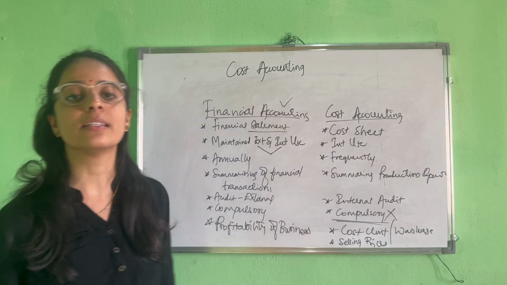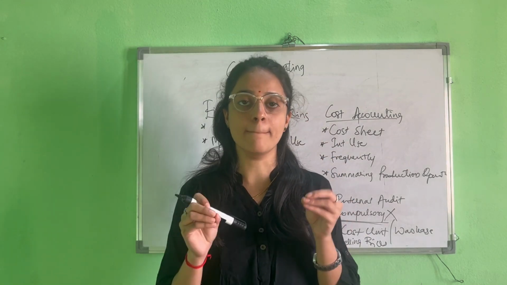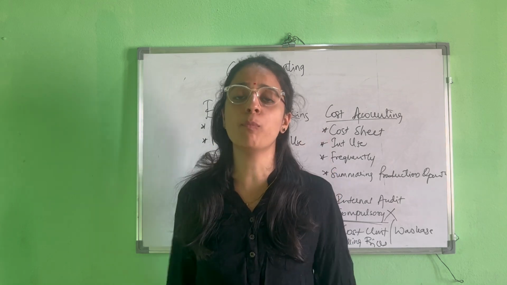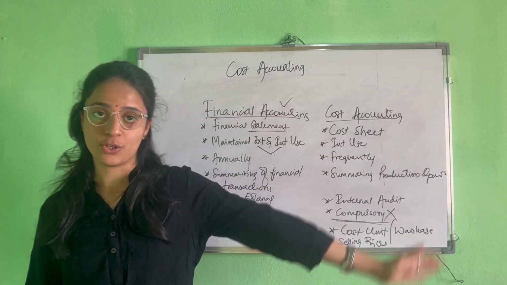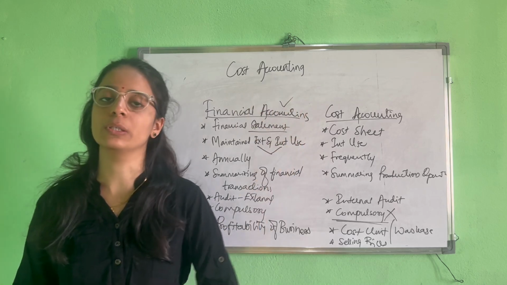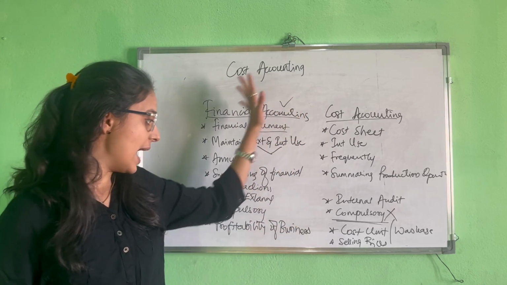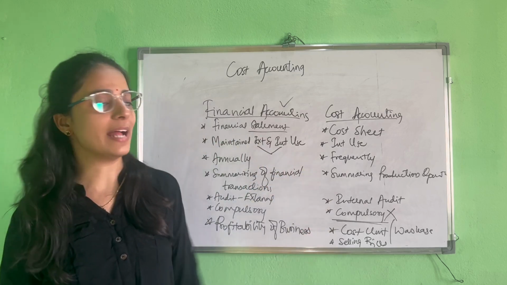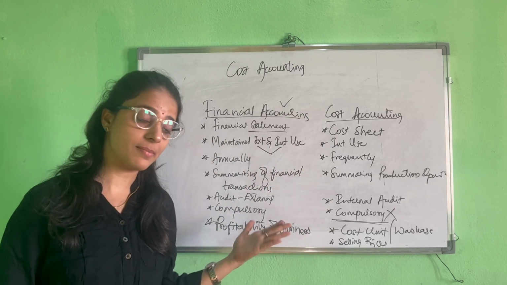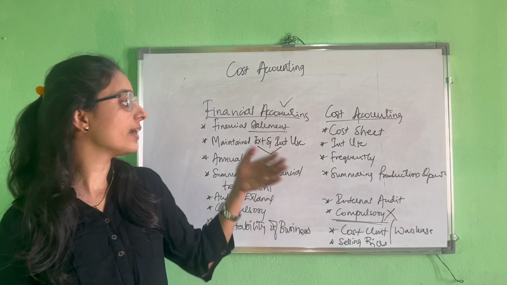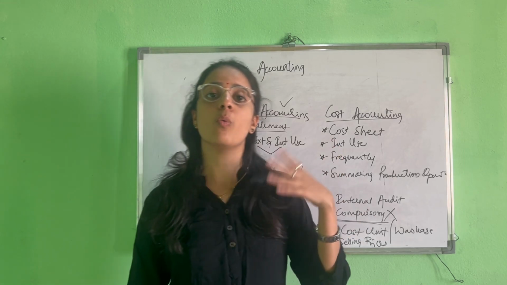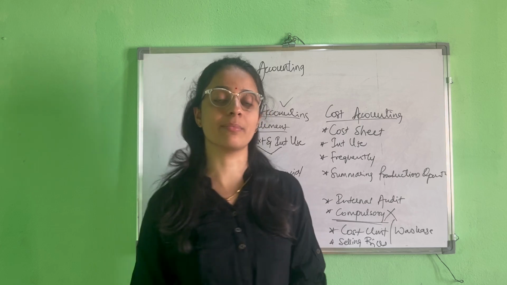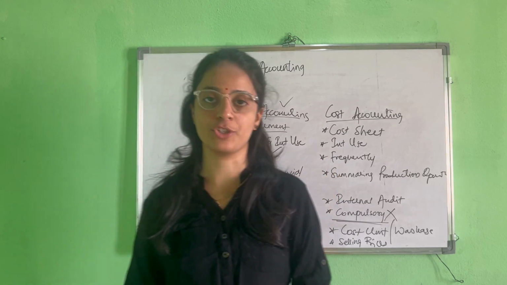So these are the basic yet very important differences between financial accounting and cost accounting. I hope that's clear on how these two branches differ, what statements we get out of it, who prepares it, and when to prepare it, all summarized under this comparison.